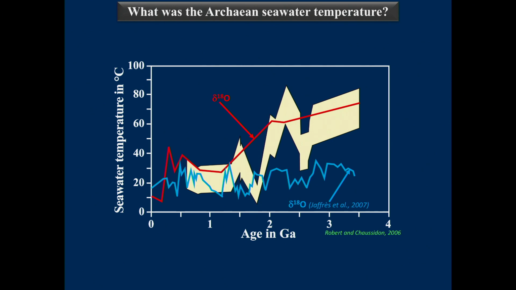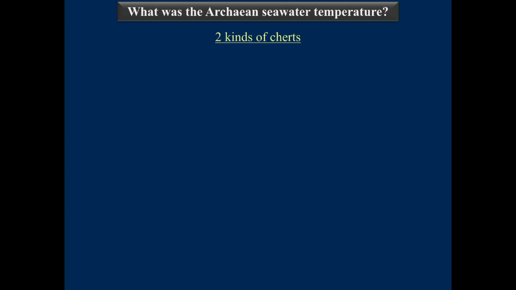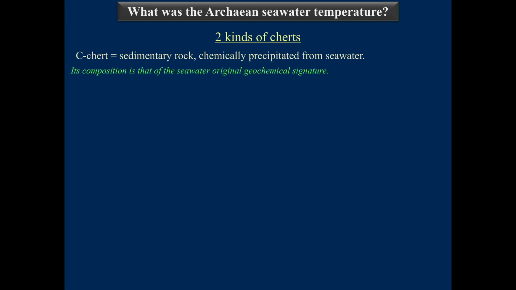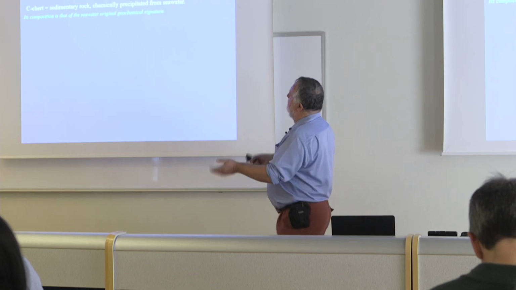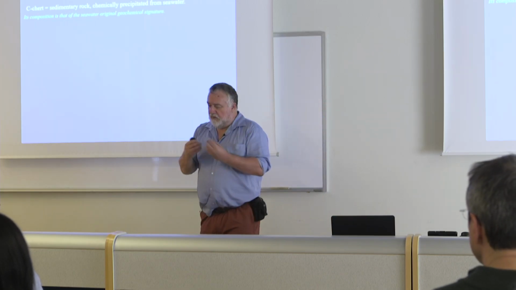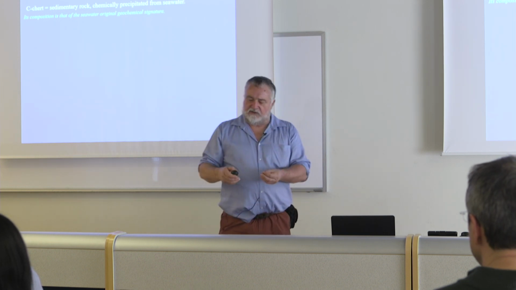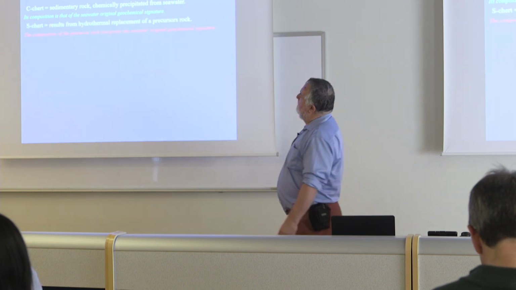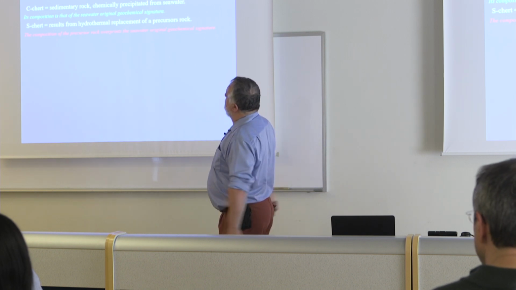In fact, there exist two kinds of cherts. One is, as I said, sedimentary rocks made by precipitation from the seawater. So silica is dissolved into seawater and precipitates. So they record the composition of the seawater. And the other type is what we call S-chert.